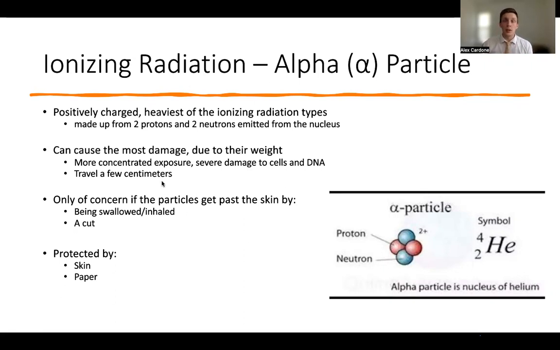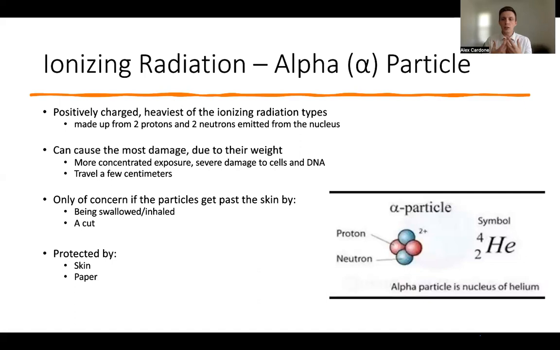One of the things with alpha particles is that due to its weight as the heaviest ionizing radiation type, it's actually the most damaging. Just due to its weight, it doesn't interact very well with different forms of cells, tissues, and also DNA. The nice thing is that whenever that atom gives it off, because it's so heavy, it's only able to travel a few centimeters. It doesn't really travel that far.